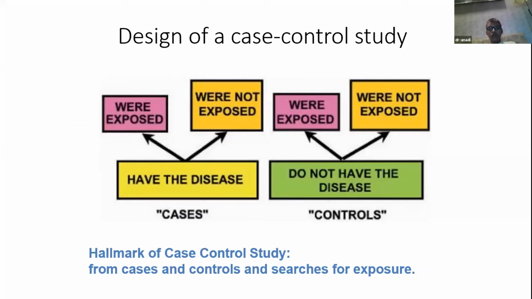The cases give a history of exposure, some may not give a history of exposure, and controls may or may not have had exposure. So what is the hallmark of a case-control study? From cases and controls, we search for exposure.